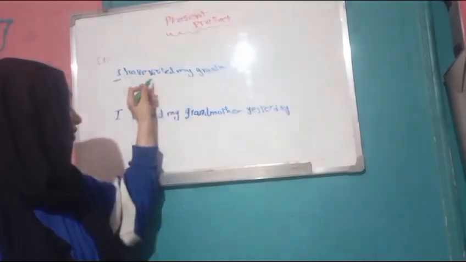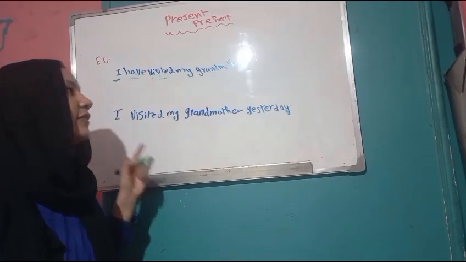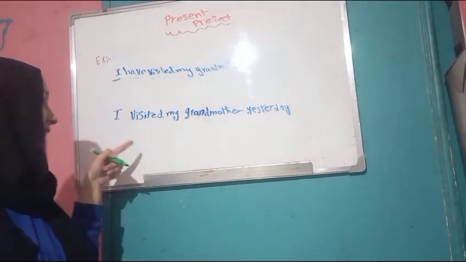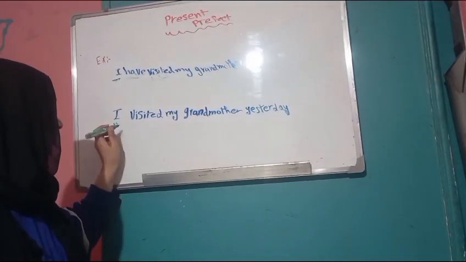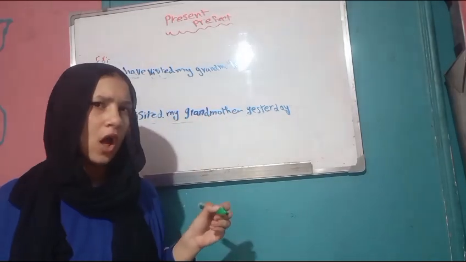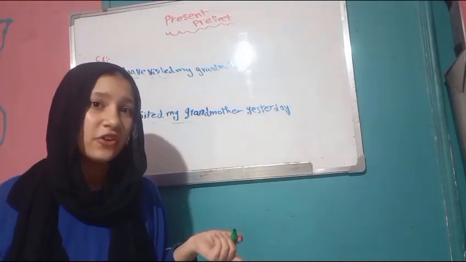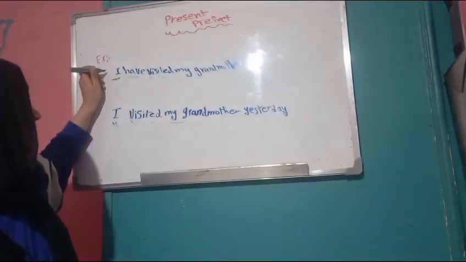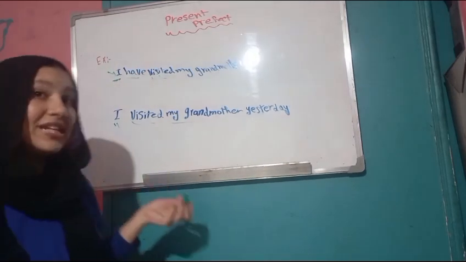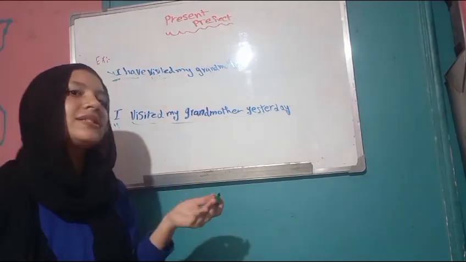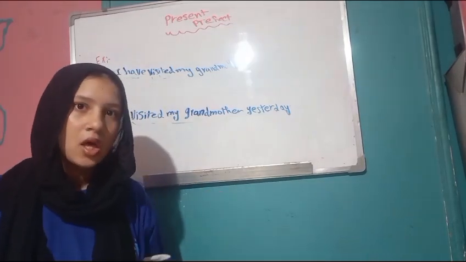And as we notice, this is a regular verb. And in this example, I visited my grandmother yesterday. Do you notice anything here? Here, this is the present perfect tense, but this is the past simple tense.